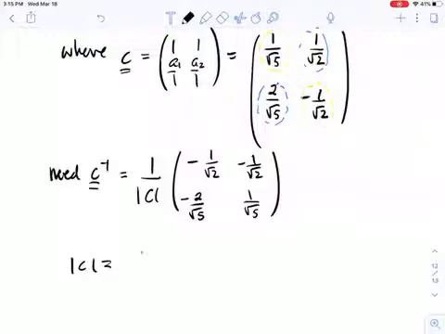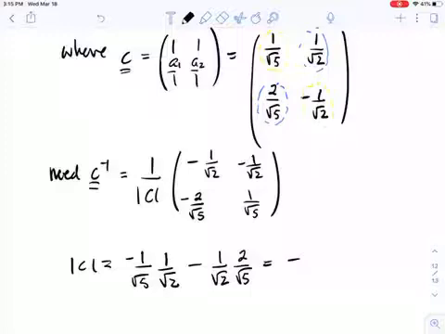So what's the determinant of C? That is going to be 1 over root 5 times minus 1 over root 2, minus 1 over root 2 times 2 over root 5. Root 2 times root 5 is root 10. So we get minus 1 over root 10 minus 2 over root 10, which is minus 3 over root 10.